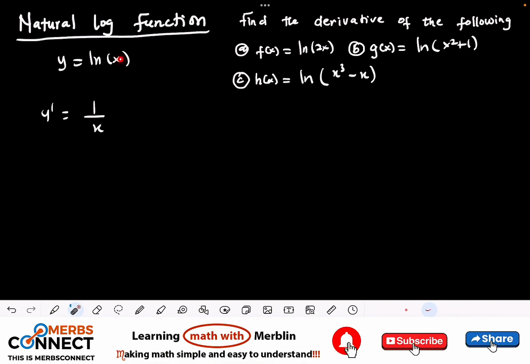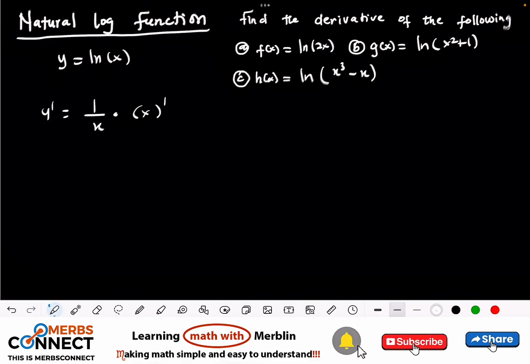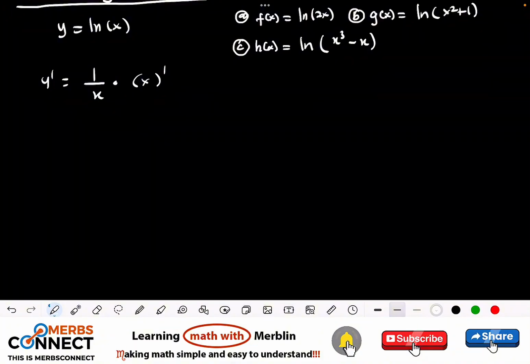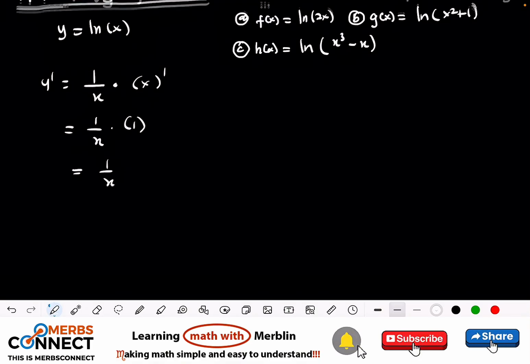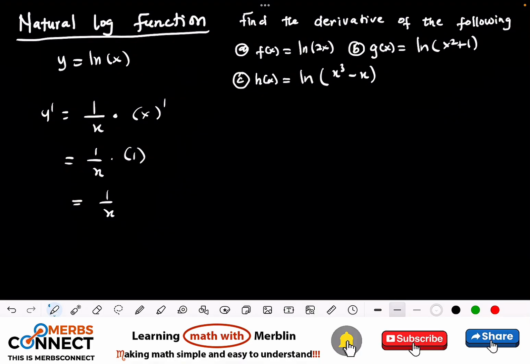So what is inside the parentheses is x, all times the derivative of what is inside the parentheses. So x prime. Yes. So this is going to give us 1 over x times, when I differentiate x, I get 1. And this is going to give us 1 over x.